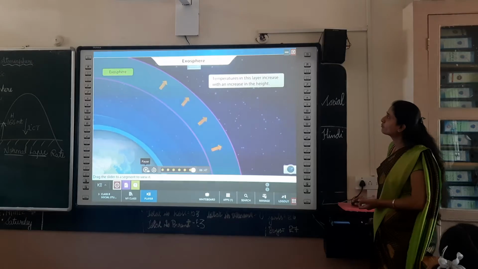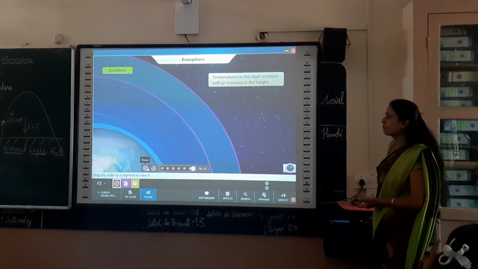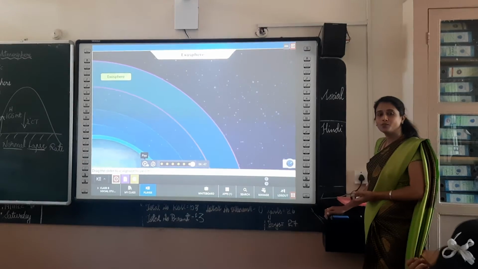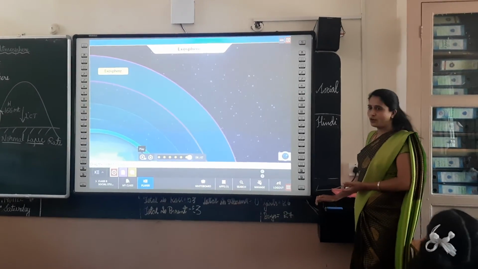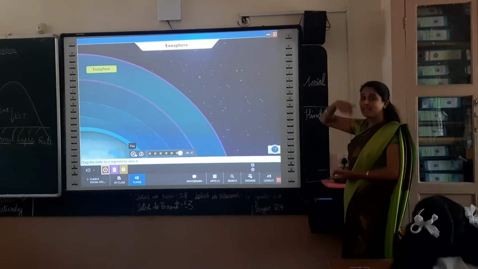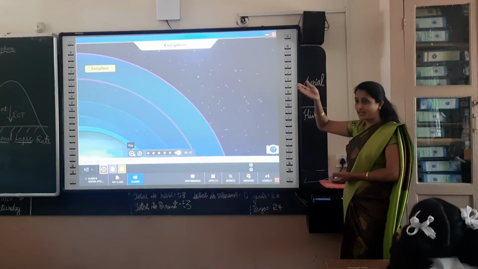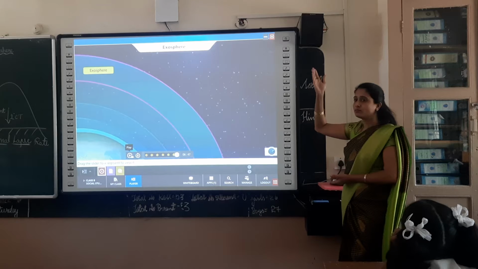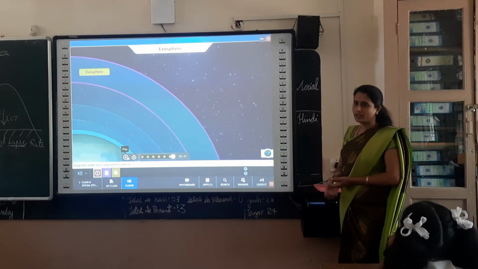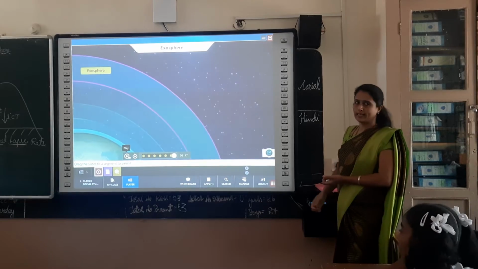Temperatures in this layer increase with an increase in height. Why does the temperature keep increasing? Because it is closer to the sun. Very good. As the height of these layers increases, they are closer to the sun, so obviously the temperature keeps increasing.